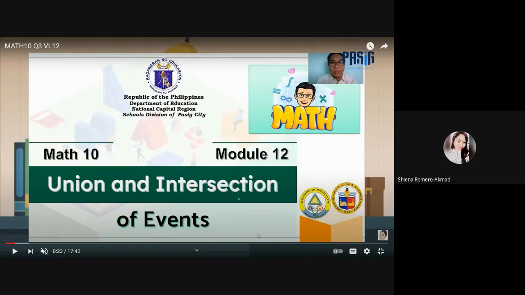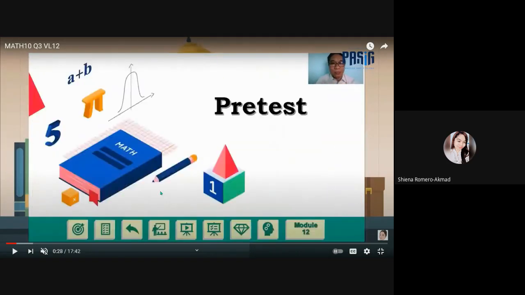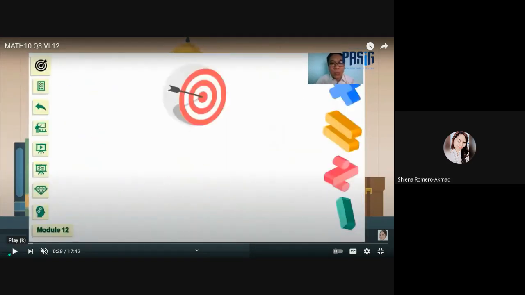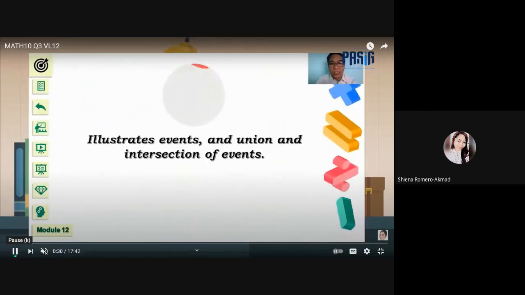In intersection, all you have to do is to find the common elements. Yun lang yung difference ng dalawa. So your goal here is for you to illustrate the union and intersection of events, and also you have to illustrate the event itself.